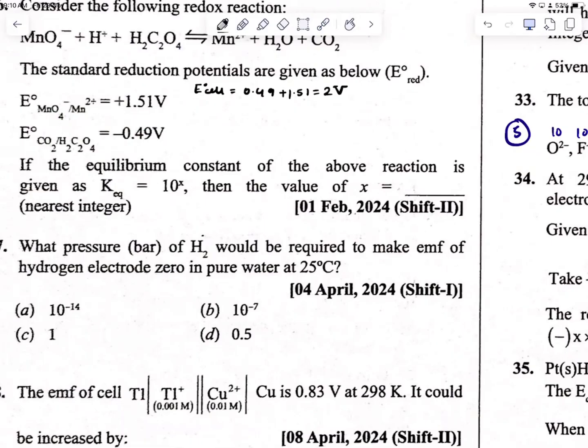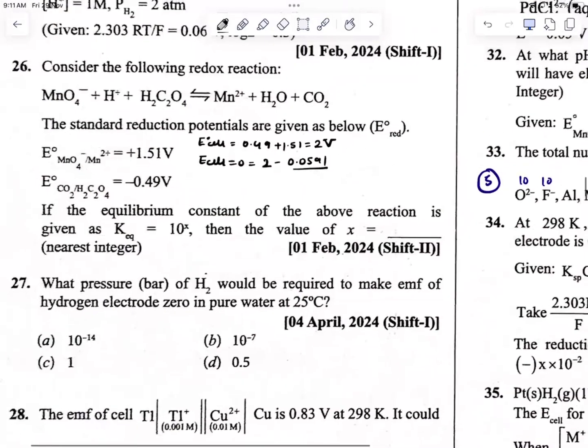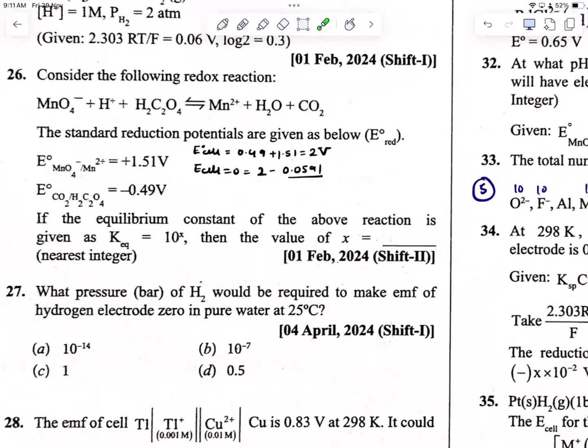And if E naught cell is given, at equilibrium E cell will be equal to 0. So that is equal to E naught cell. E naught cell is 2 volts, minus 0.0591 by how many electrons are transferred? Everybody, first for that, the balanced reaction is what we need to write. So from here, 5 electrons, so this will be 2 and 5.